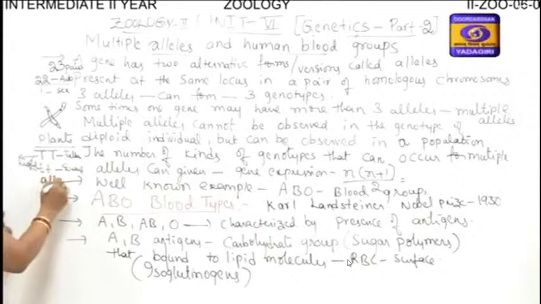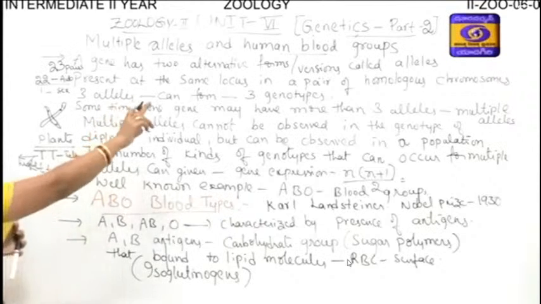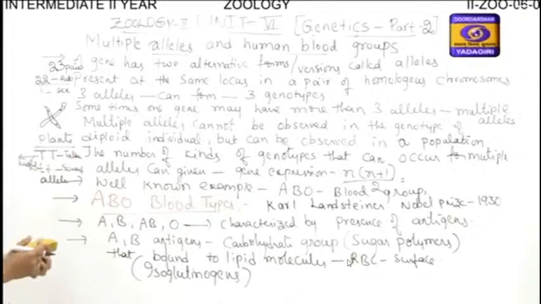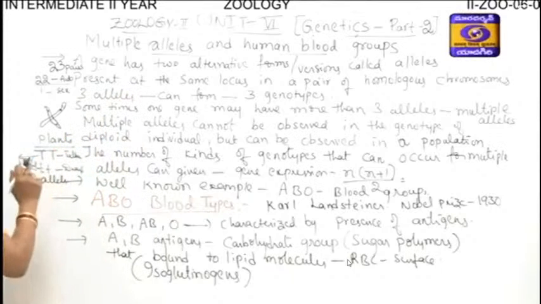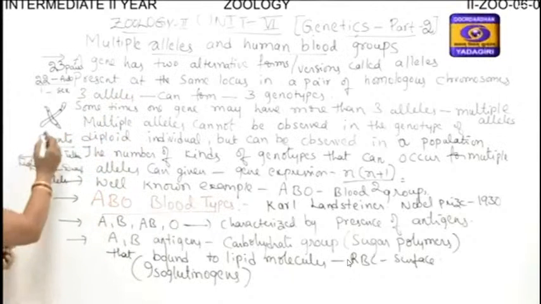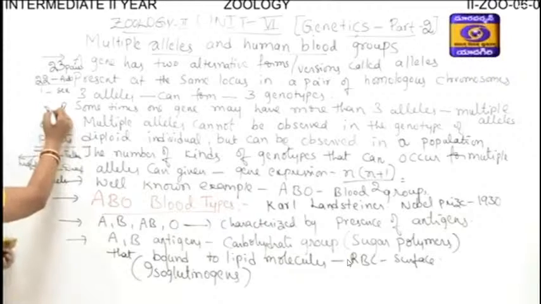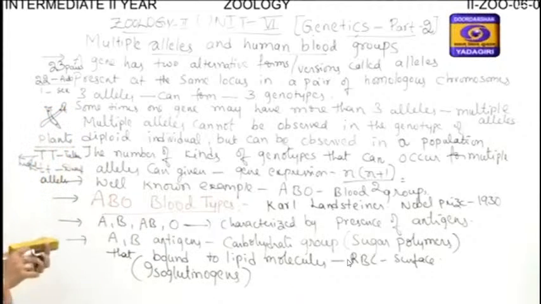Like this, each character is determined by one pair of alternative forms or versions which are called alleles. These are located at the same locus on a pair of homologous chromosomes. Always these genes will be present on the same locus of one pair of homologous chromosomes.